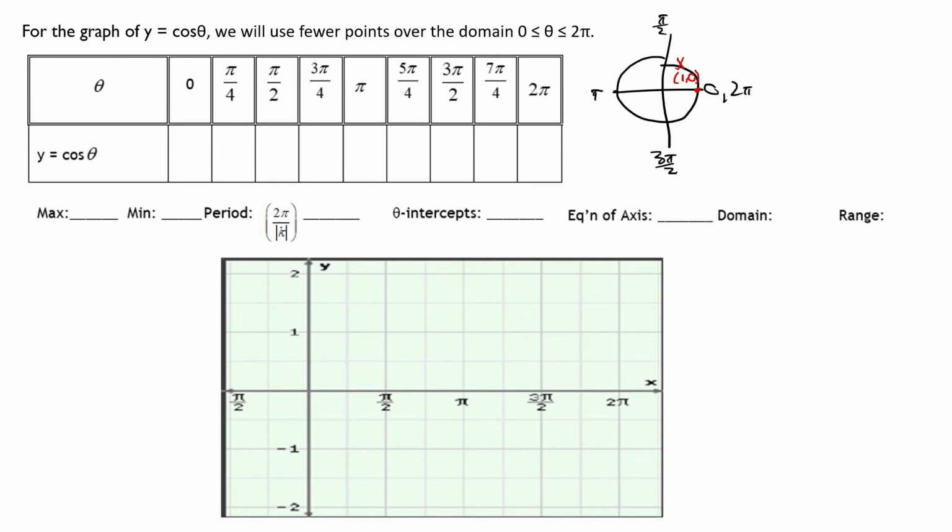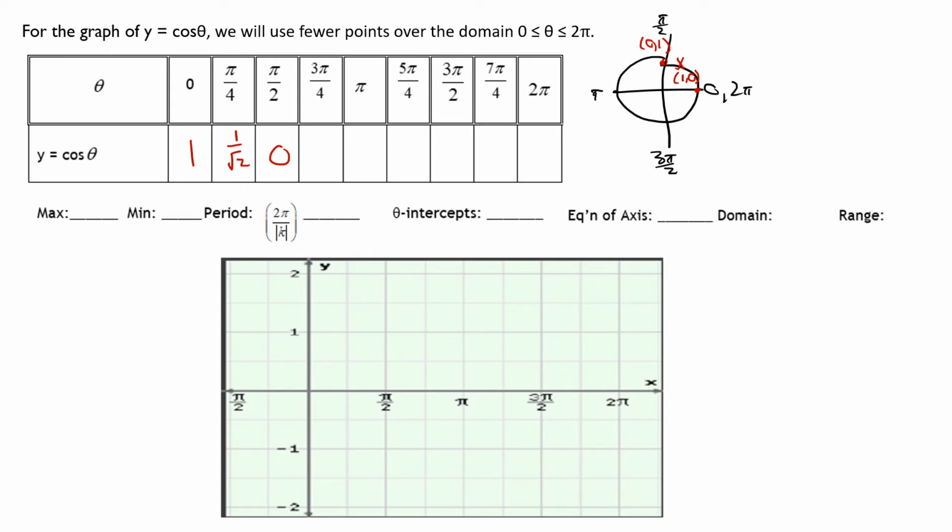Cos is x, so cos of 0 is 1. Cos of pi over 4, you go back to your special triangle. Pi over 4, cos is adjacent over hypotenuse, so that's going to be 1 over root 2. Pi over 2 is up here on the circle again. The coordinate there at pi over 2 is 0, 1. So the x value is a 0.